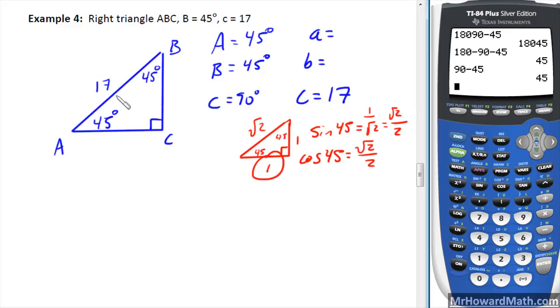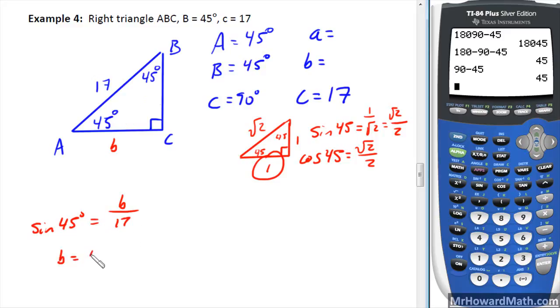So let's find side B first. Let's find this lowercase b here. So we're going to find a side length, so we're going to be using regular sine this time. So sine of 45 degrees, if we're using this angle here, is equal to the opposite side, little b over 17.